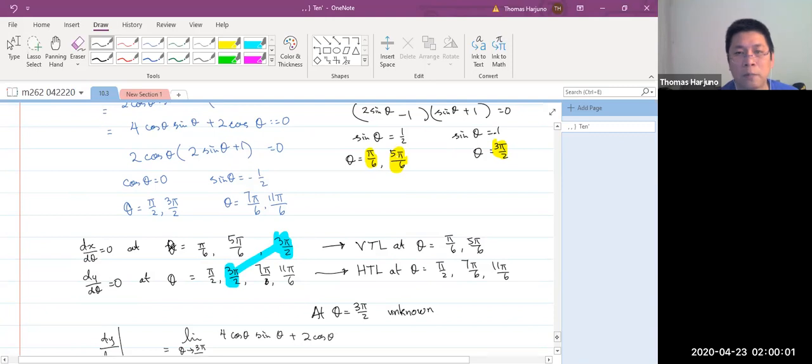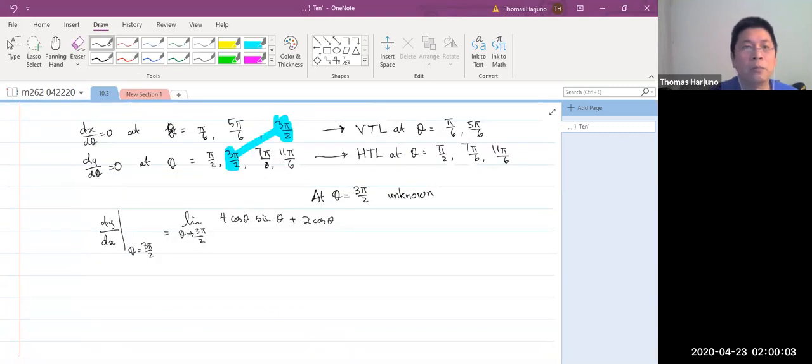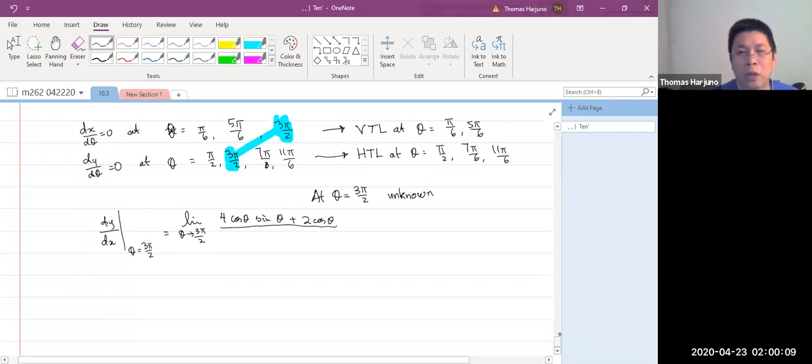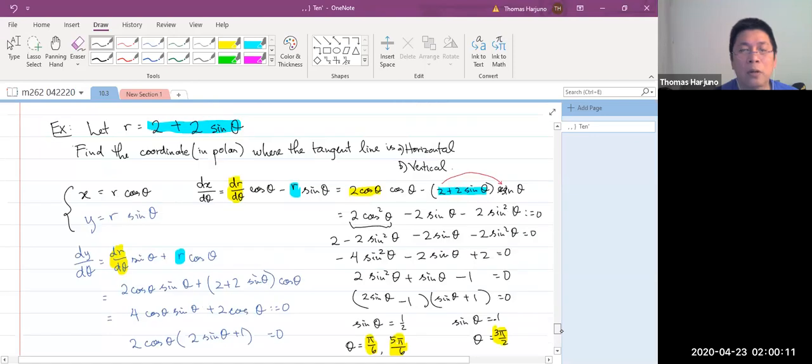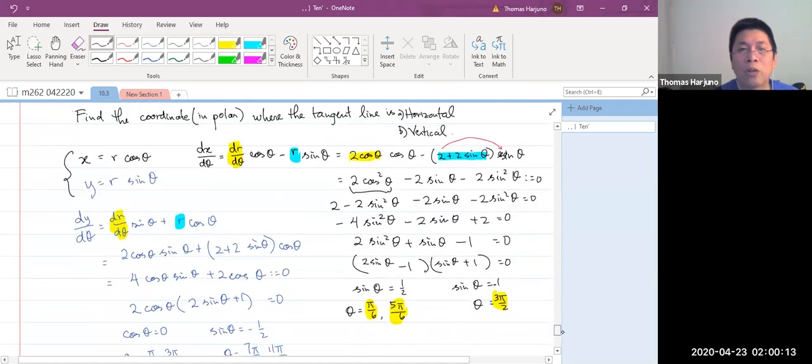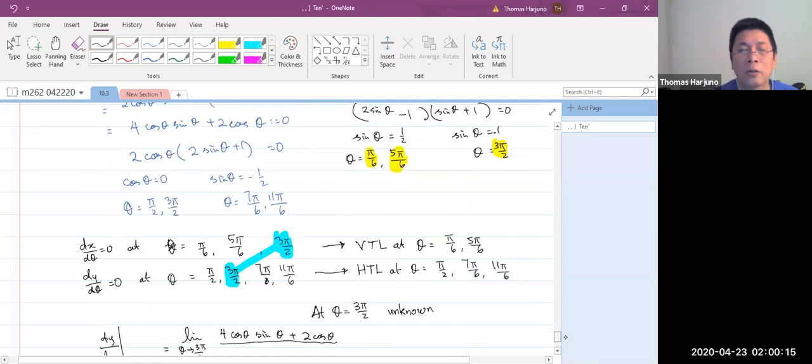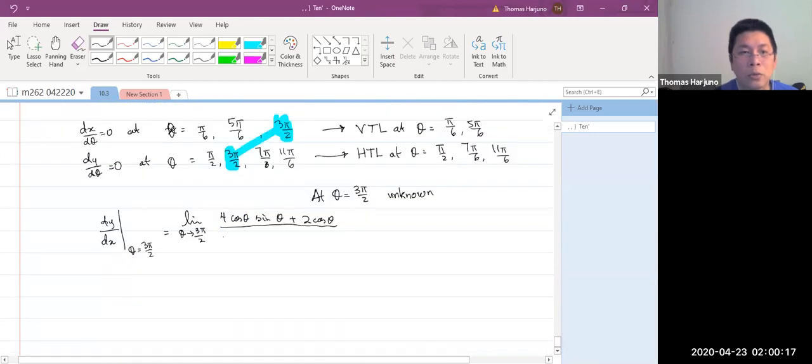At the bottom, we get 2 cosine squared theta minus 2 sine theta minus 2 sine squared theta.